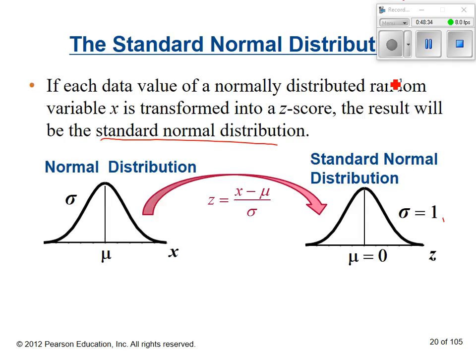So what this is saying is, even when you have some curve that maybe isn't normal, if we change all these into z-scores, we can make it into a normal curve. Okay? And then we can compare everything.